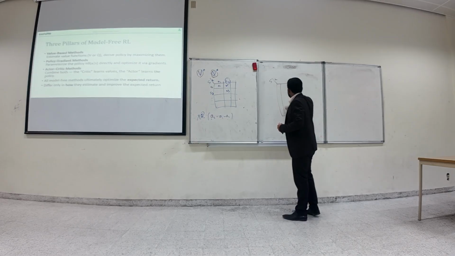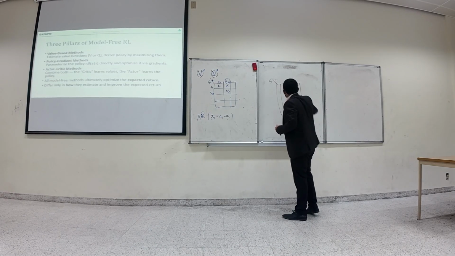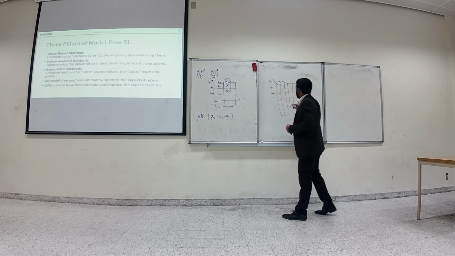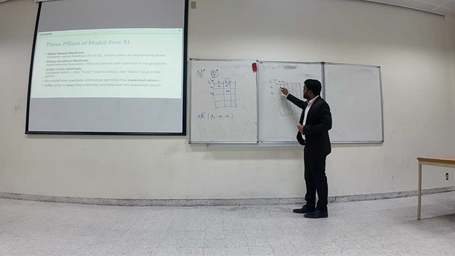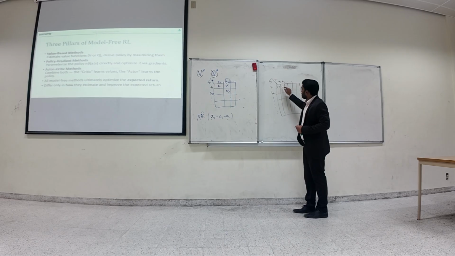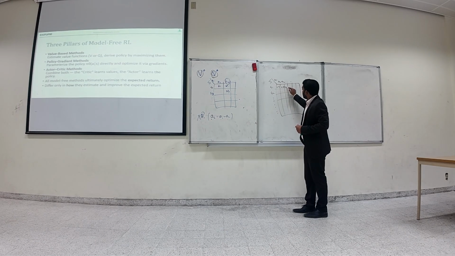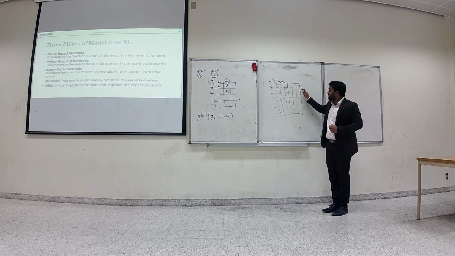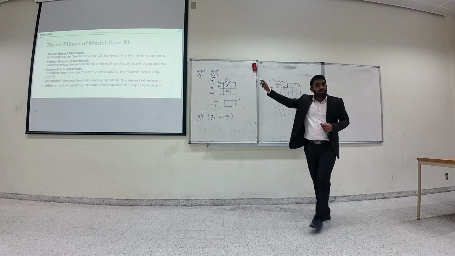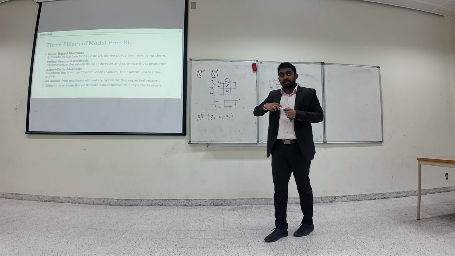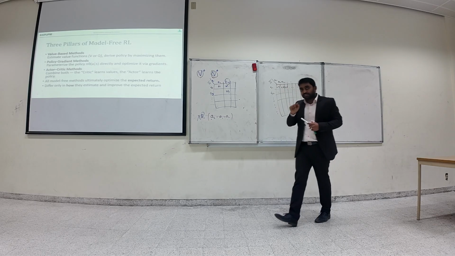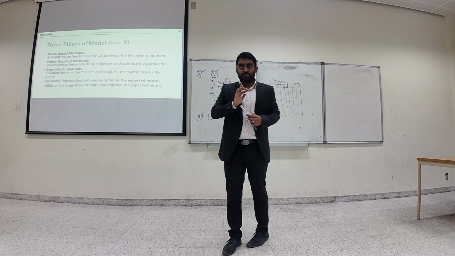State and action, A1, A2, S1, S2, and so on. Now here you write some probability, and so on. Here this number does not correspond to your action value function, the Q values. Rather, these numbers are the probability of taking that action in that state.